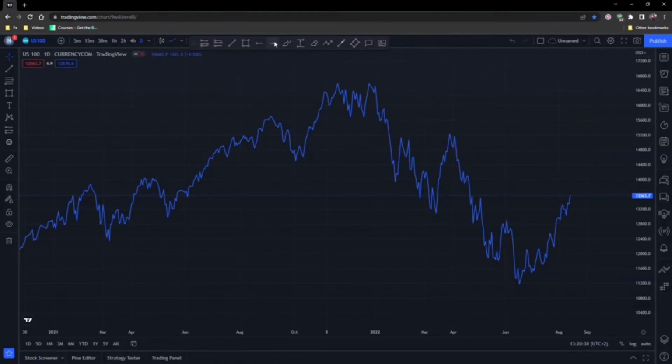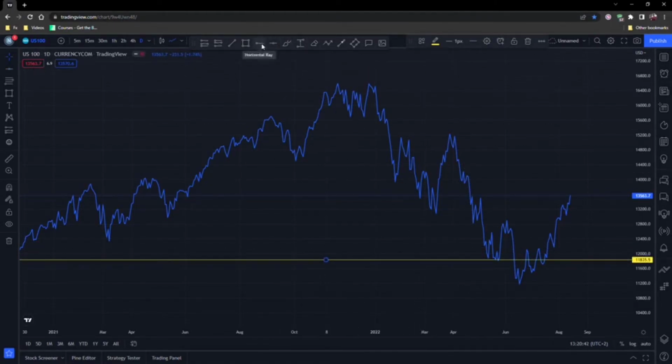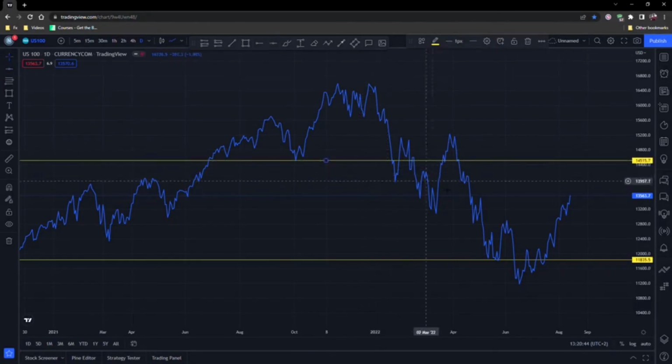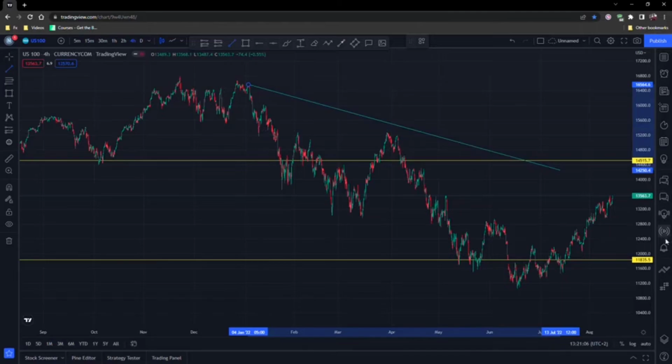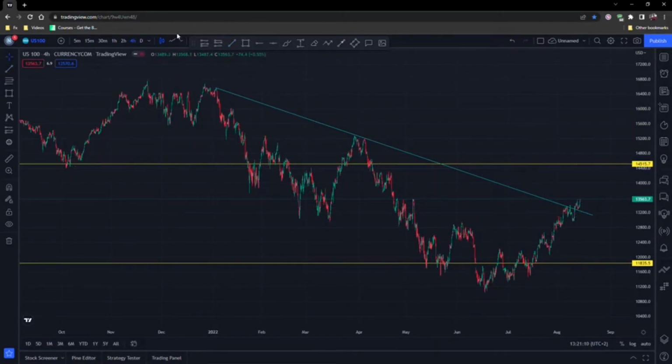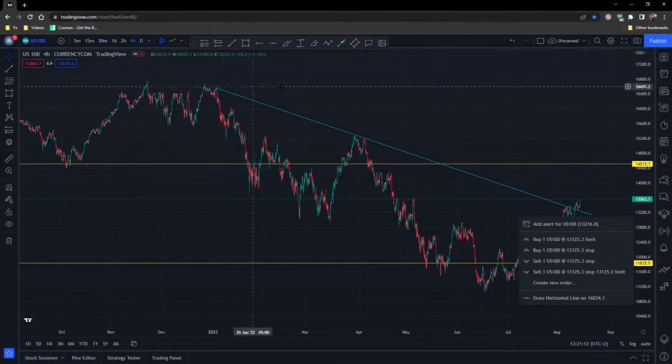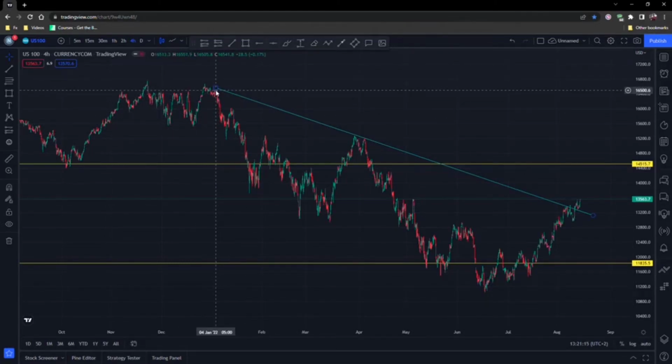Now looking at US100, we're gonna plot our low for the week, and we're gonna plot our high for the week. You now look at this overall downward trend. As you can see right there, we now broke above that downward trend which we were in since the beginning of 4th Jan 2022, and now on 11th August.